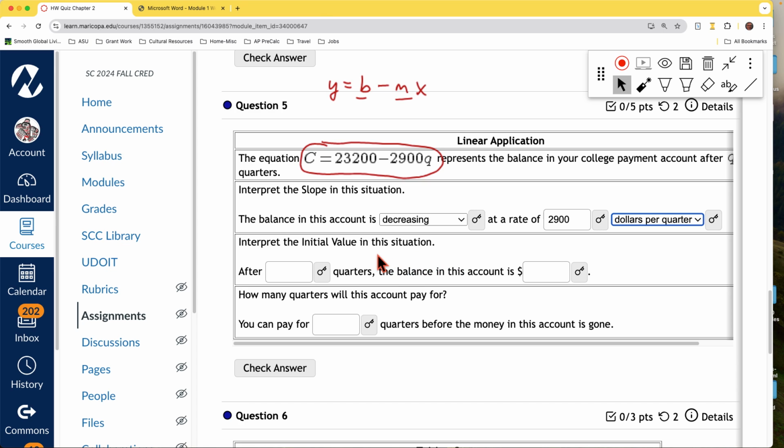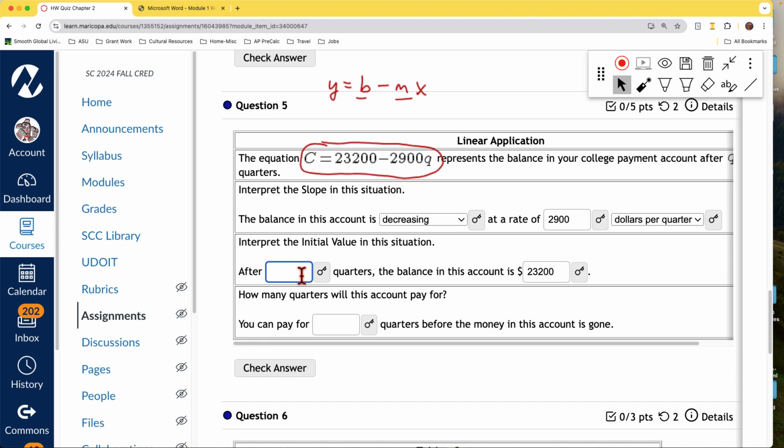So what is the initial value? How much did we start with in our account? The number by itself, right? That's our starting value. It's 23,200.